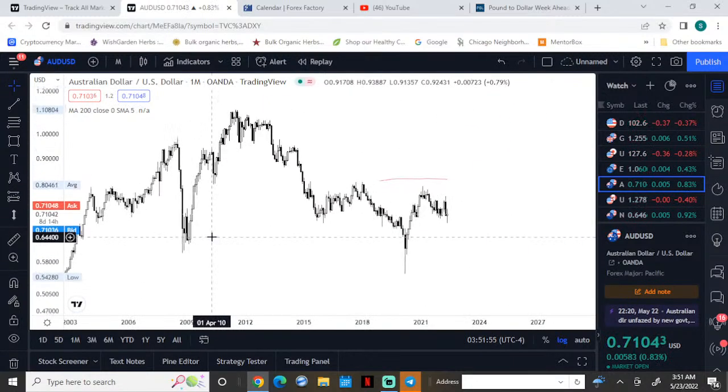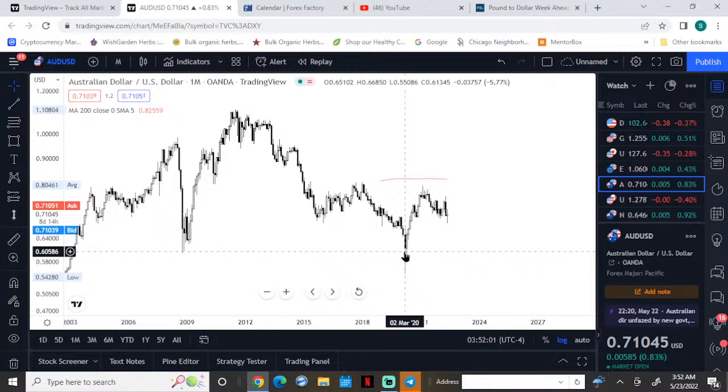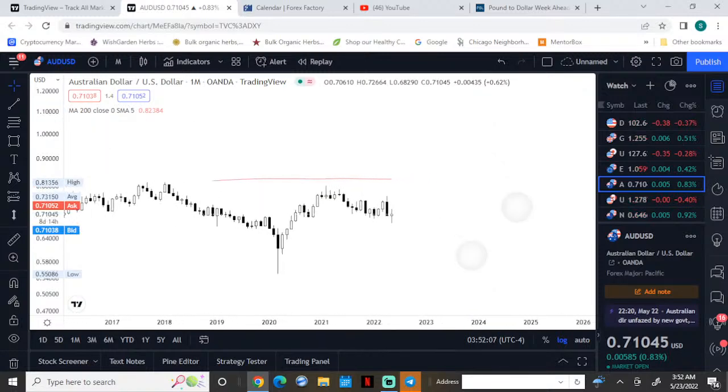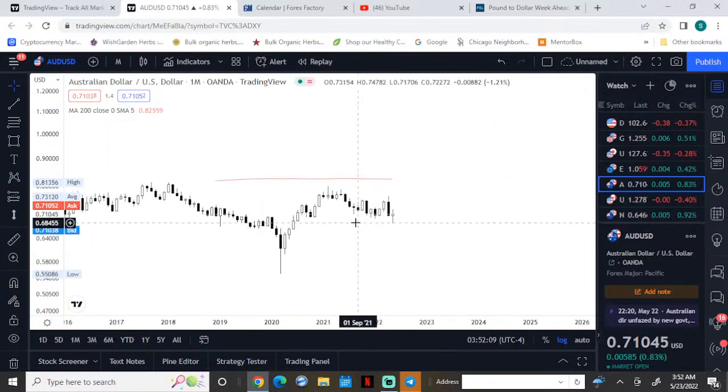We are on the monthly for AU. I am going to mark this recent low.